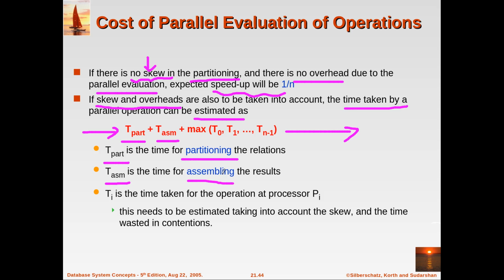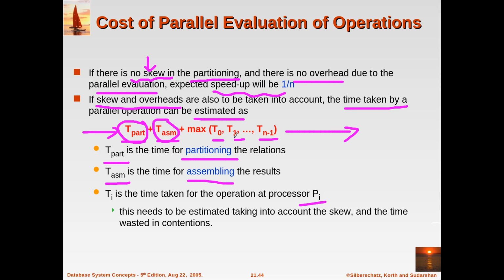After getting the results locally on each partition, finally we need to assemble or gather all these results into a single processor. That will also take some time, called T ASM. So first the partition time, then the assembling or gathering time, plus the max of T0, T1 up to Tn minus 1. These are the times taken for the operation at each processor Pi.